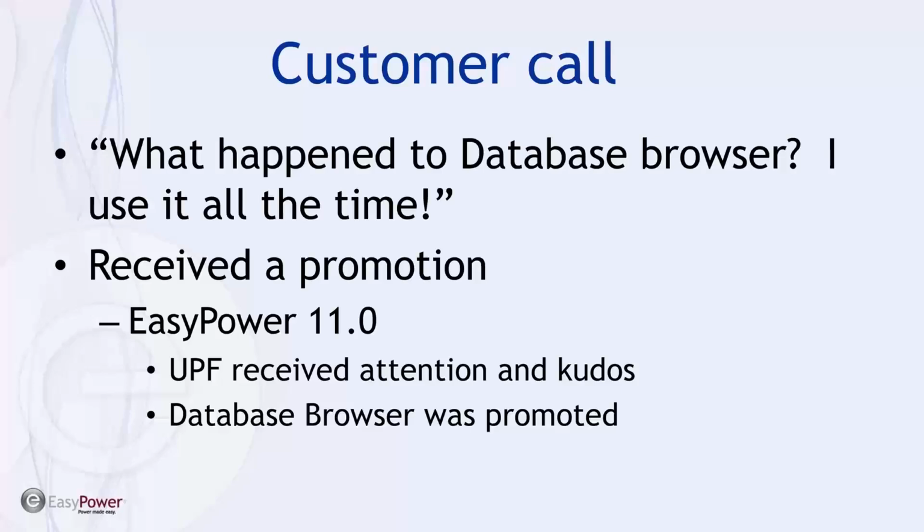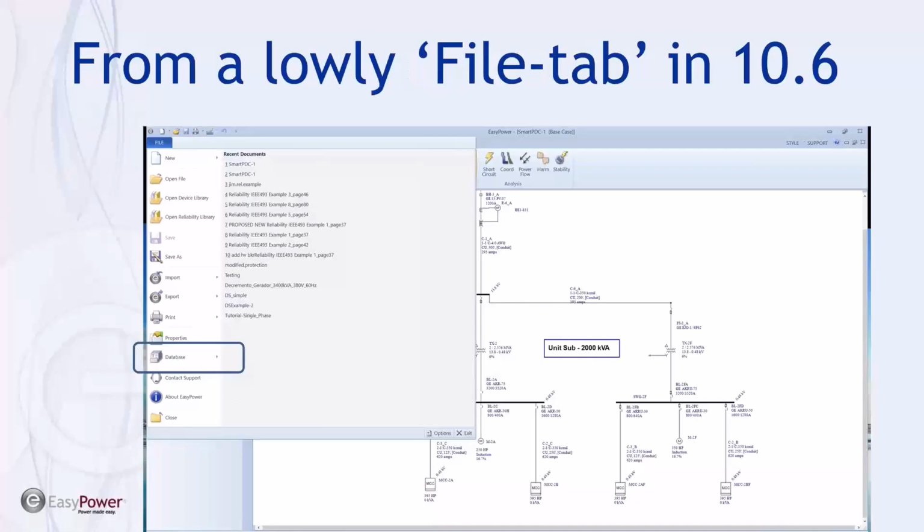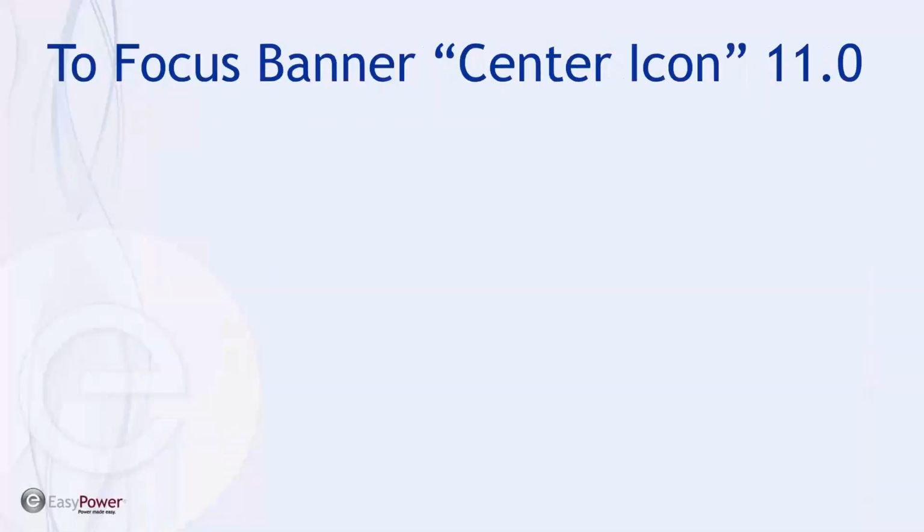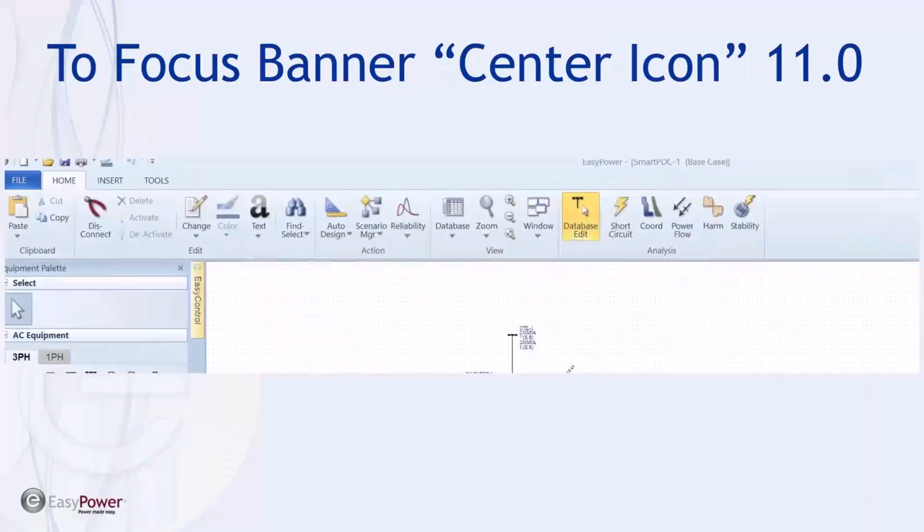Now, most of the activity or most of the discussion about EasyPower 11.0 was about the unbalanced power flow solver, and that's what everybody was talking about at the time. But the database browser was promoted from being a lowly file tab, as it was up until 10.6, to center icon on the focus banner. And it reflects many of the feature enhancements that we're going to talk about here shortly.